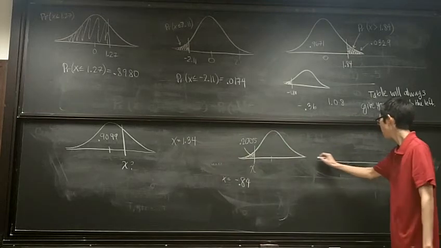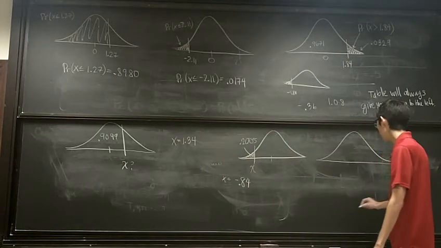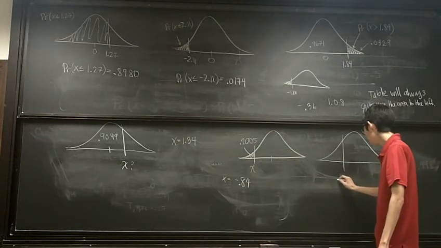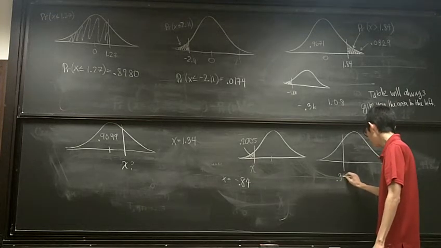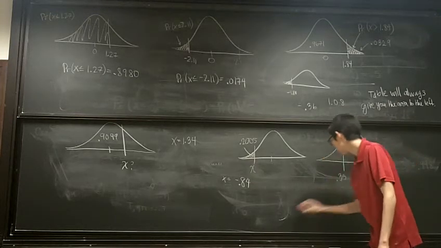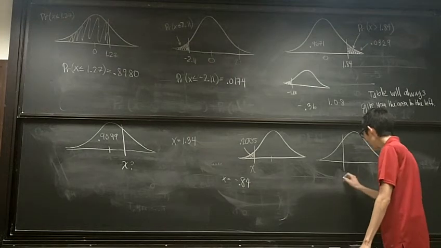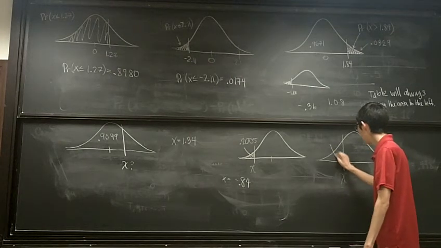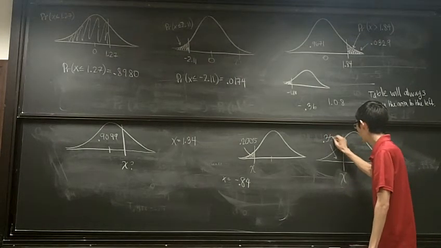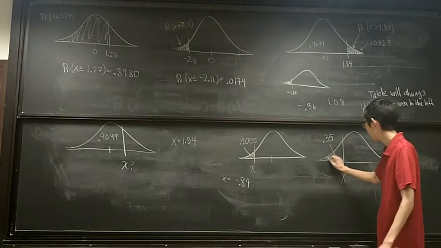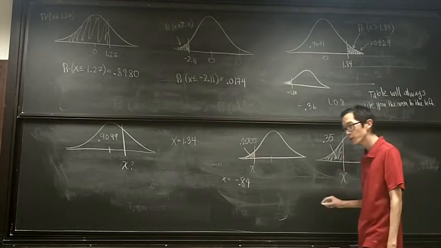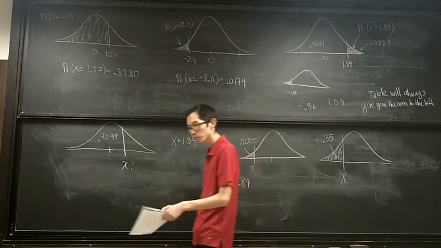Let's just make sure we've got this. What if I draw a line, where did I draw my x if I get 0.35 in this area? Pick the closest number.